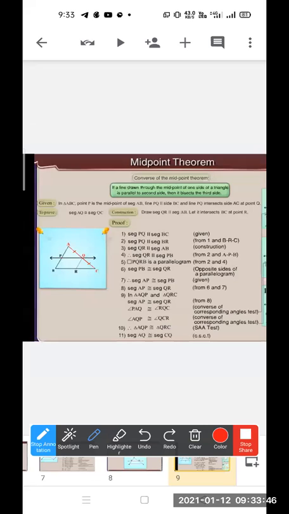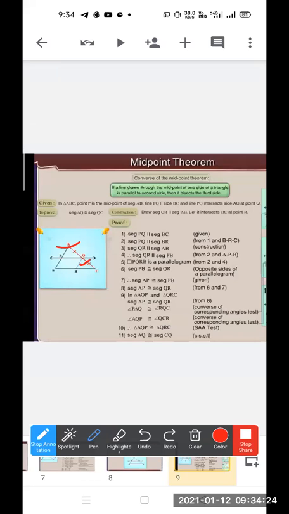Now, consider two triangles, triangle APQ and triangle QRC. In these, segment AP is congruent to segment QR. Second condition, angle PAQ is congruent to angle RQC.